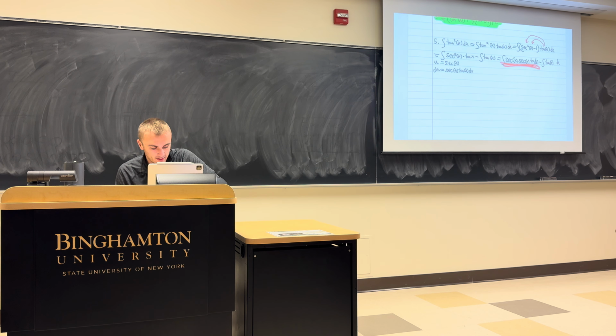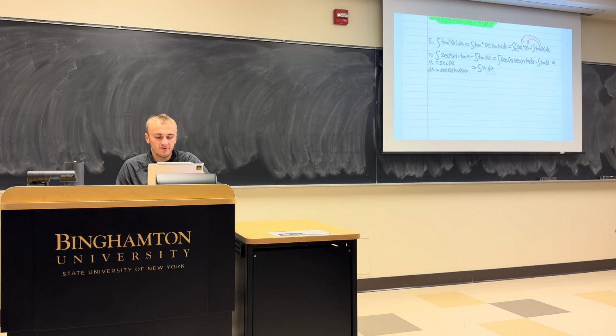So we can rewrite our integral again as the integral of u du. du equals secant x tangent x dx. So we have this whole thing there equaling that, and we're representing that by du. So that's where we're getting du from.